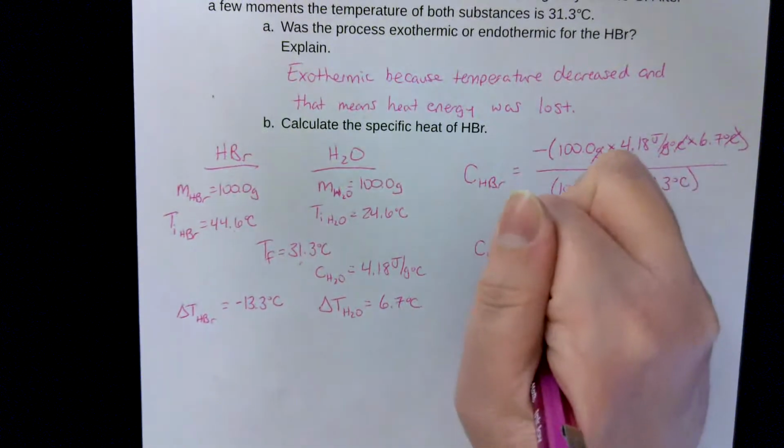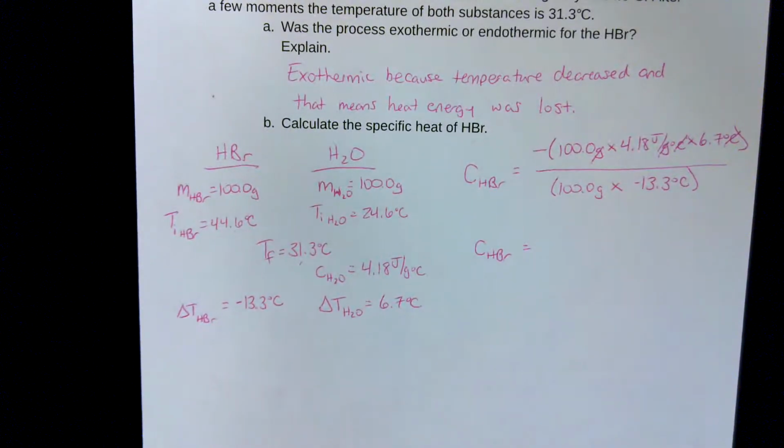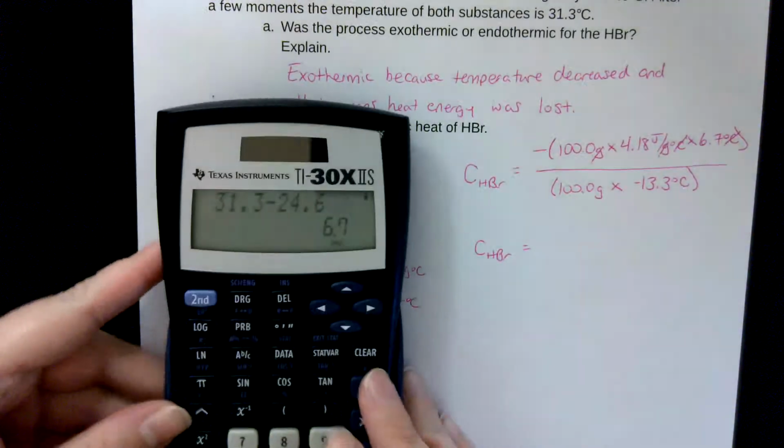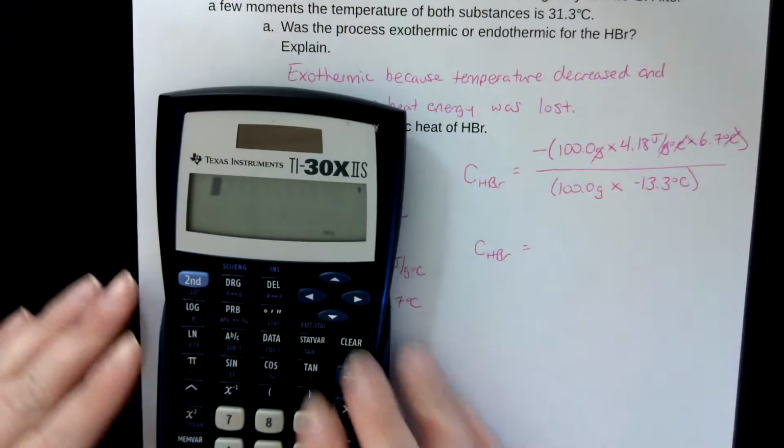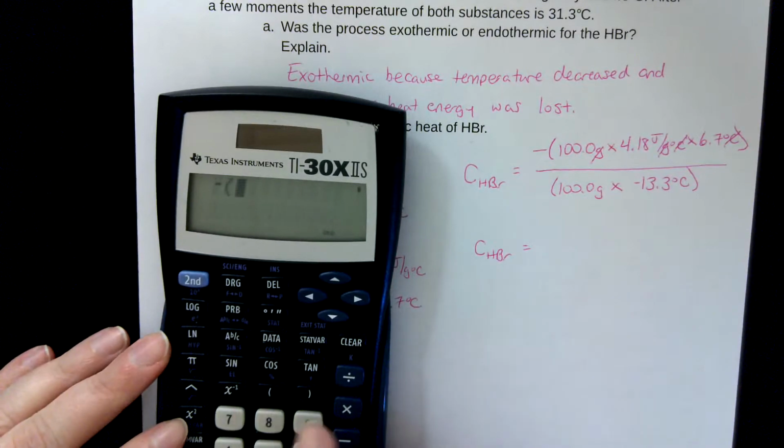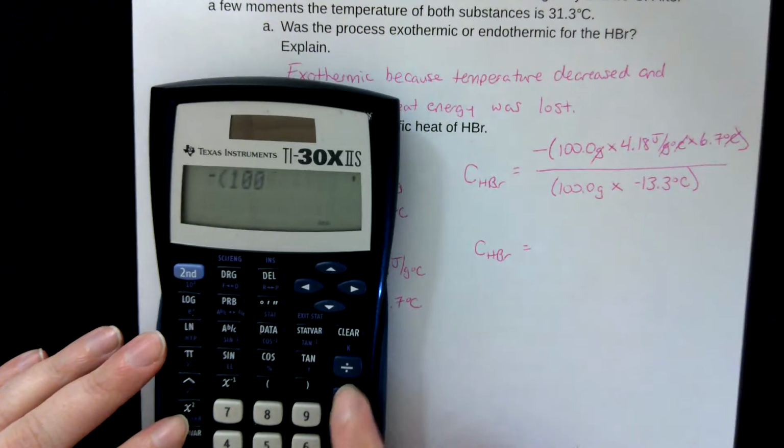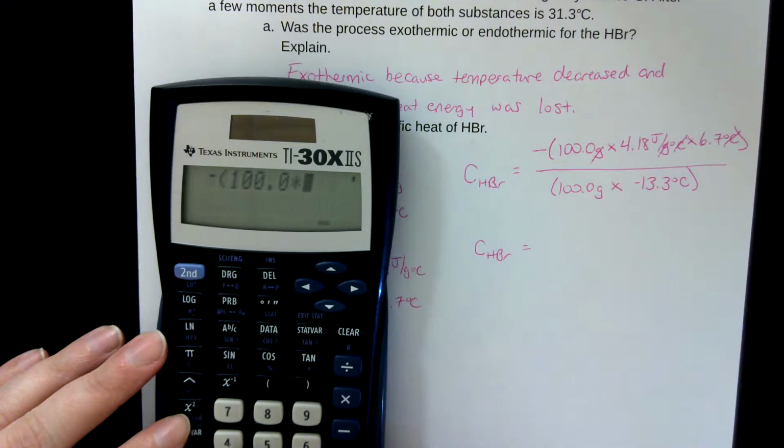So let's calculate the opposite of 100.0 times 4.18 times 6.7 divided by 100.0 times negative 13.3.